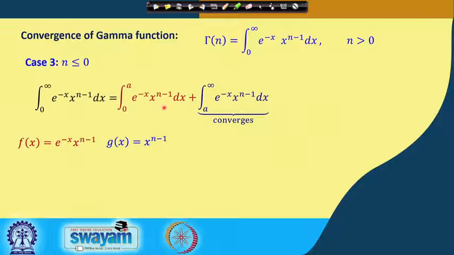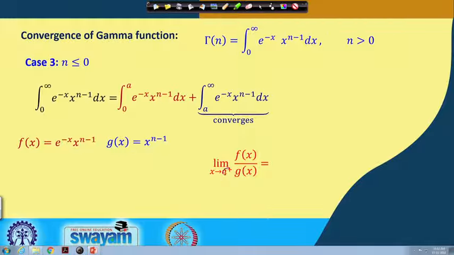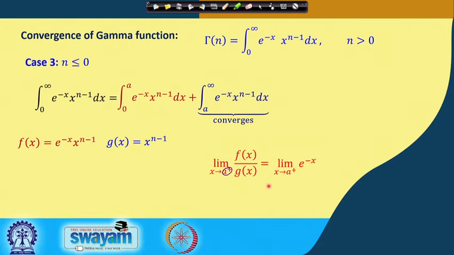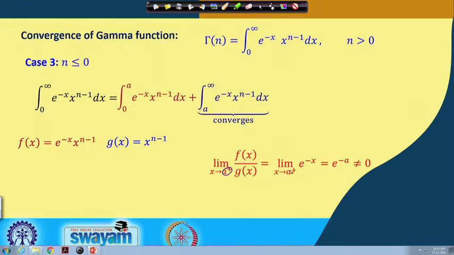When n is negative, this is getting unbounded, and again we have to take this limit as x approaches 0. Let me point out that this is x approaching 0 from the right side, and in this case also e^0 will be 1, which is not equal to 0.